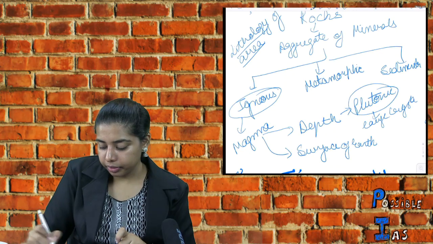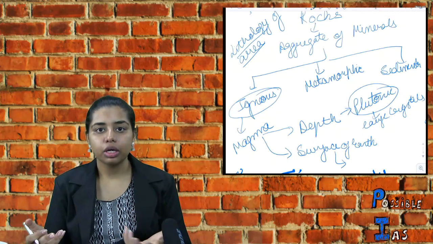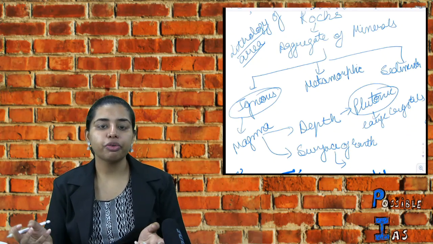So plutonic rocks have large crystals. And the ones which cool on the surface cool very quickly. So the minerals do not get the time to form perfect crystals.